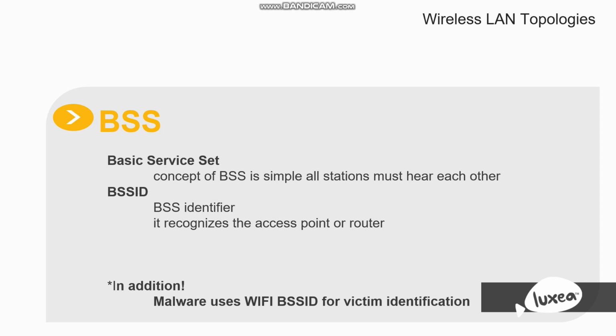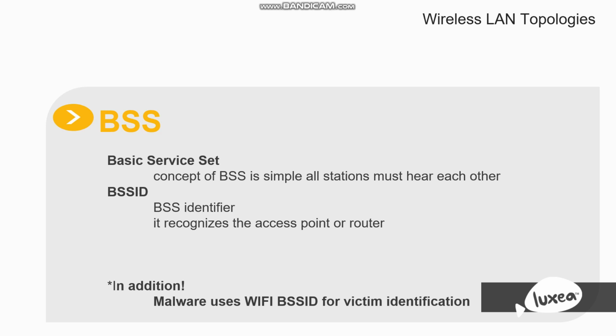The AP serves as a single point of contact for every device using the BSS. The AP also establishes its BSS over a single wireless channel, and for sure, they are using the same channel to communicate. And BSSID.